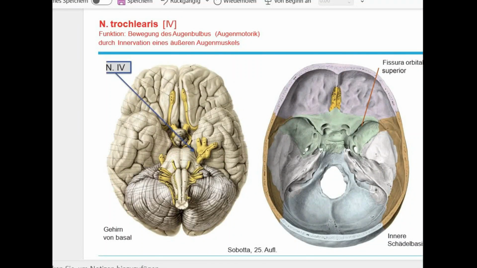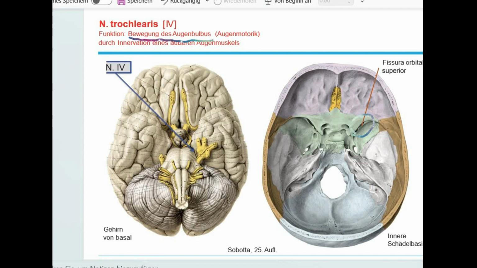The trochlear nerve, like the oculomotor nerve, also goes through the superior orbital fissure. It is also motor for the external eye muscles, and its function is almost similar, the movement of the eye.